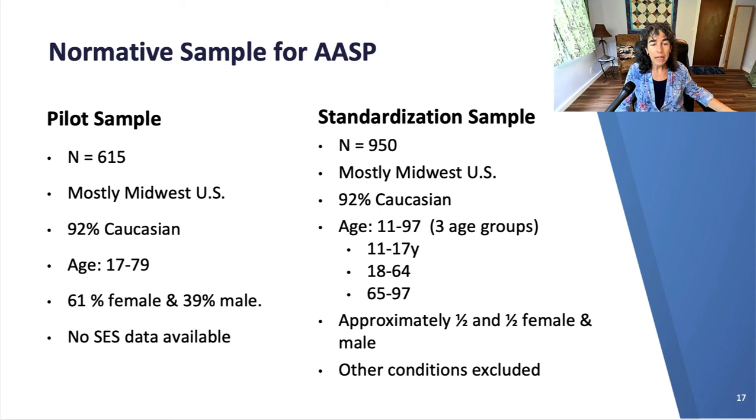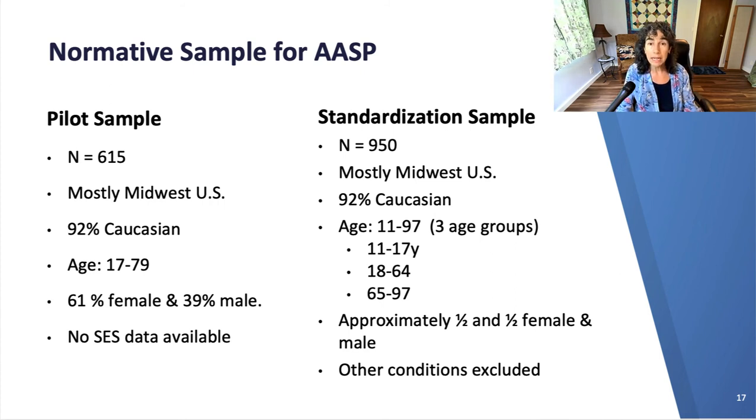Ages 17 to 79. 60% female, 40% male, and there was no socioeconomic status data available. So they did all that, then they refined the test, then they did a second, standardization sample. So that's pretty good, right? They're doing two large-scale samplings to make sure that their test really works how they want it to.